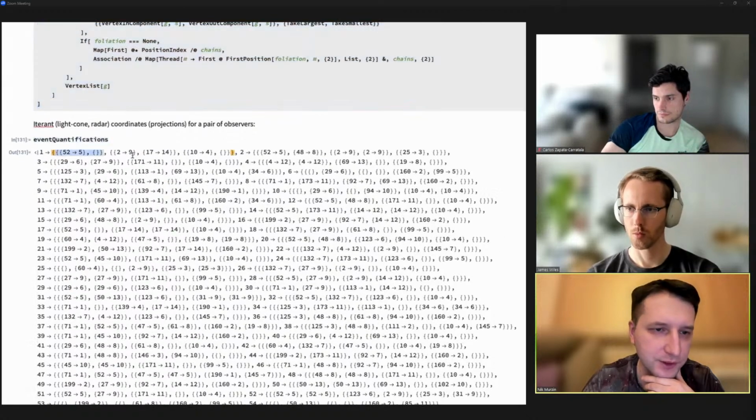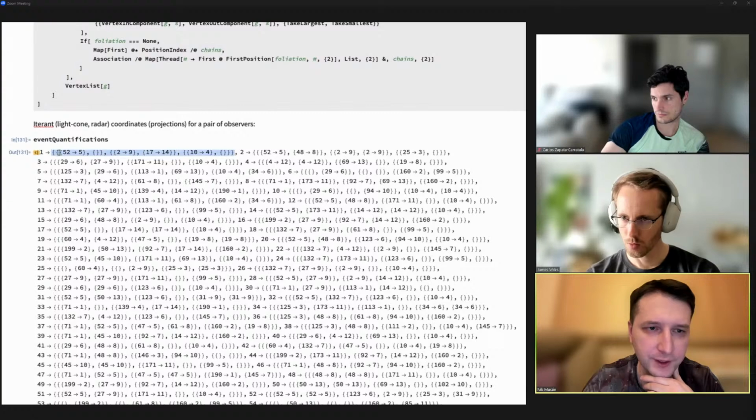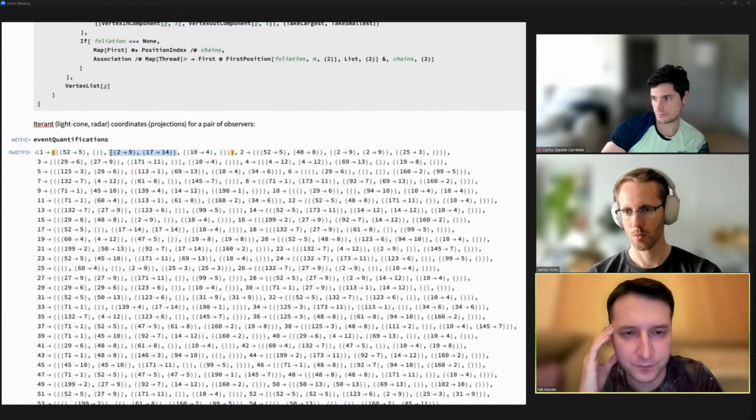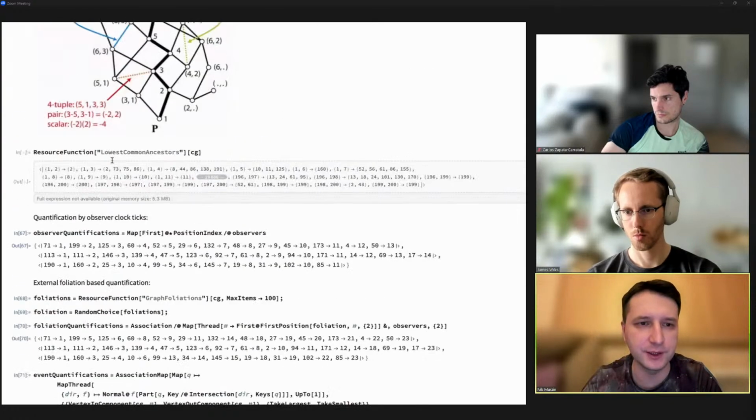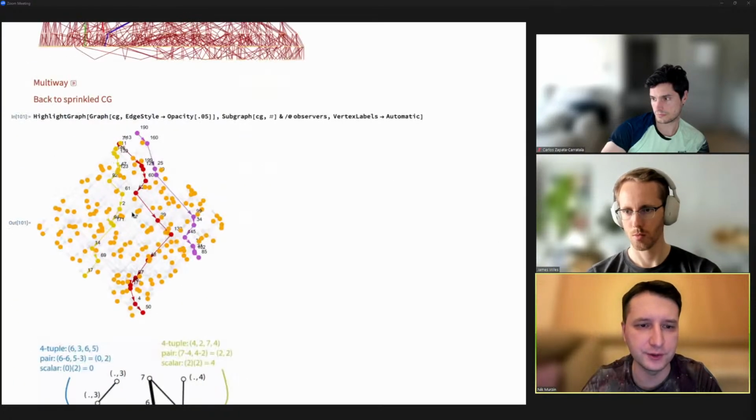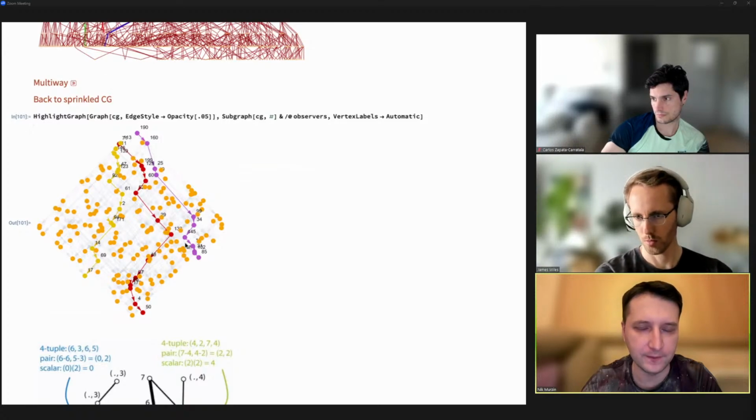Let me just remember what this data structure actually represents. I think for every event, it's a list of three, because I pre-computed it for some pre-random observers that we had there, randomly chosen. I just sampled pre-random observer chains, right?